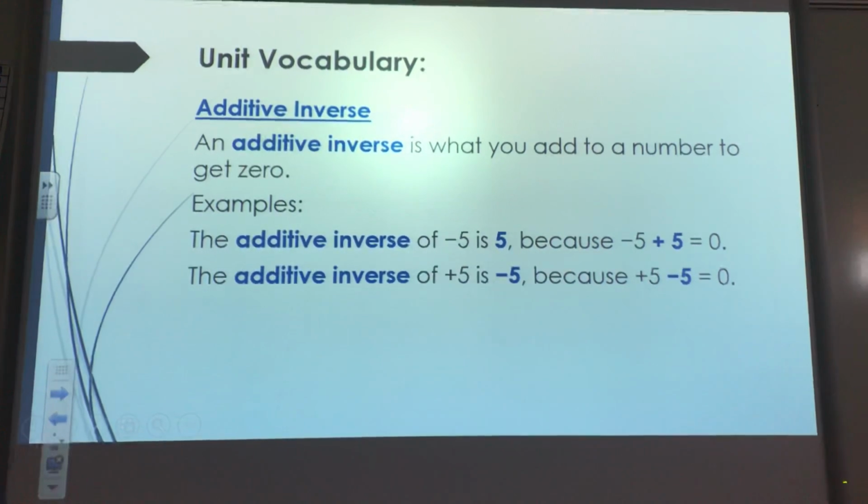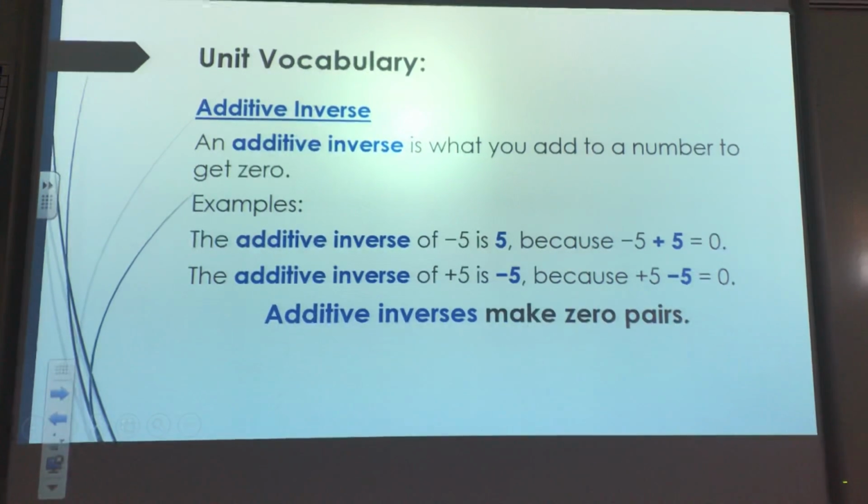Likewise, the additive inverse of a +5 is a -5 because if you have a +5 and you subtract 5, or if you have a +5 and a -5, again, you get 0. So, to recap, additive inverses make zero pairs, and this is going to be crucial when we're solving equations.